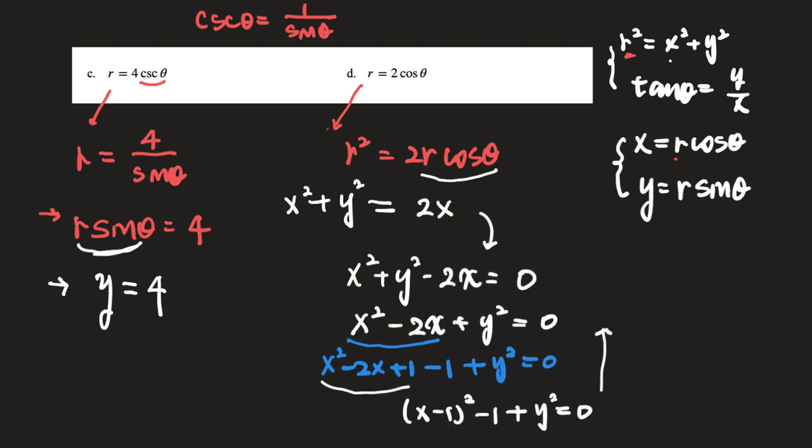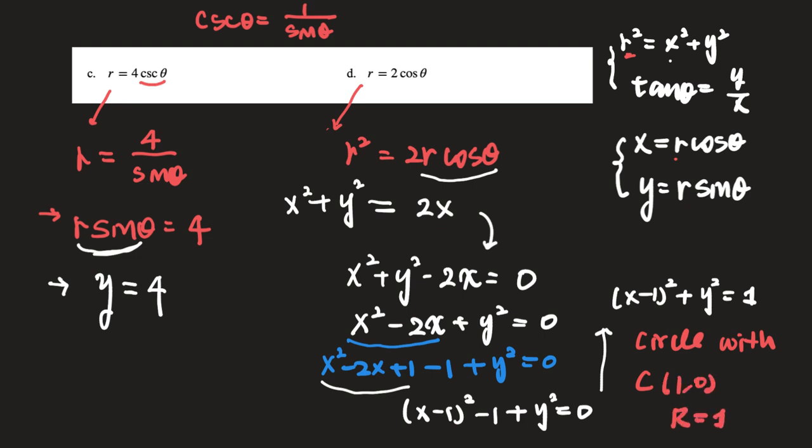So this represents x minus 1 squared plus y squared equals 1. That's a circle with center at 1 and 0, radius 1. So this polar equation represents a circle with center 1 and 0, radius 1. Okay?